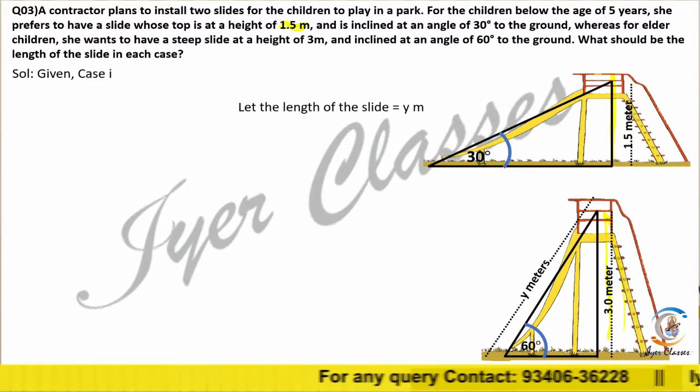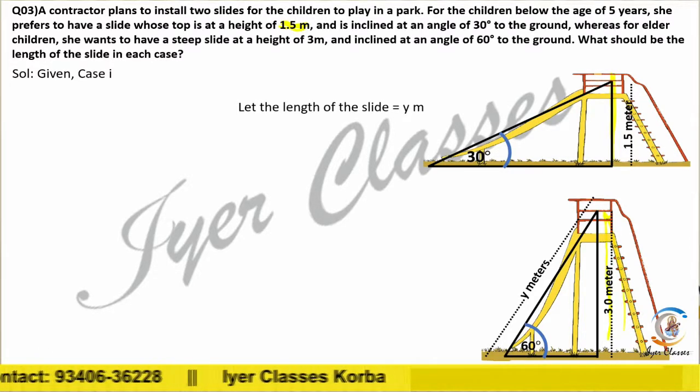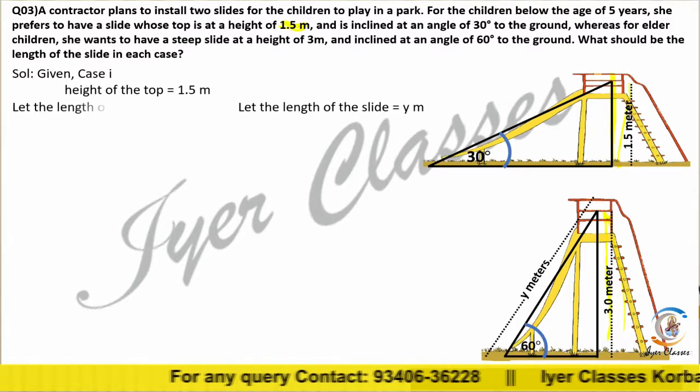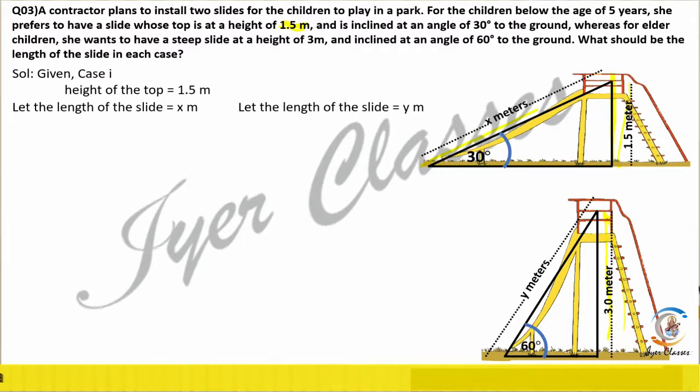Now understand the diagram. You have to apply trigonometry. In the first case, it is for the kids below the age of 5 years. So the height of the top is 1.5 meters, as you can see in the figure. Let the length of the slide be x. You don't know it, so let us put it as x meters.